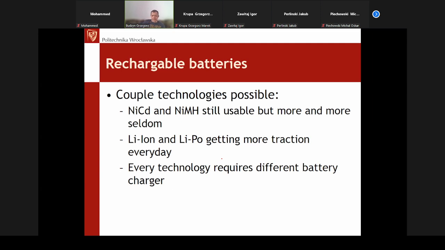In case of rechargeable batteries, what's the main problem of the use of rechargeable batteries in practice? How do you think? Maybe the question to you. Because we have non-rechargeables and rechargeables. What's the problem of rechargeables? Why not choose rechargeables all the time?